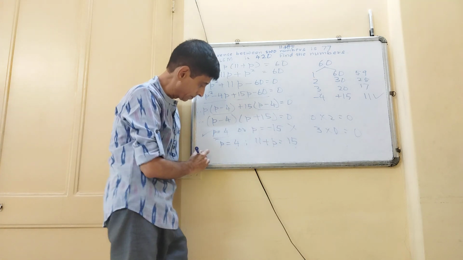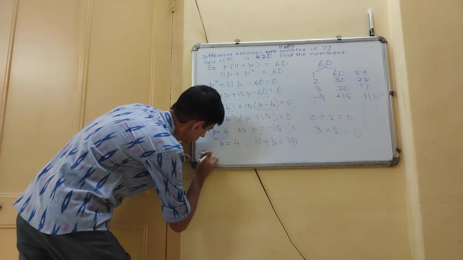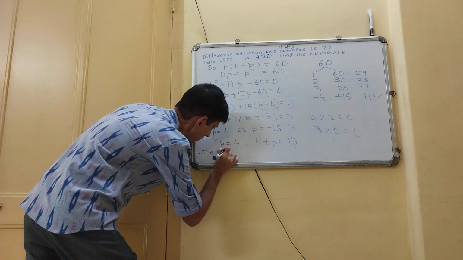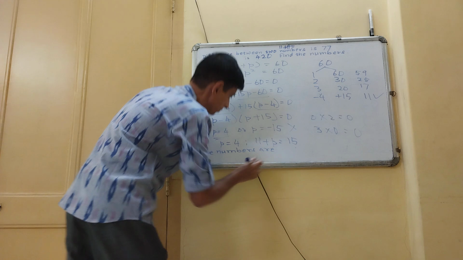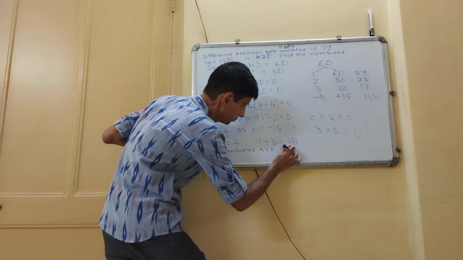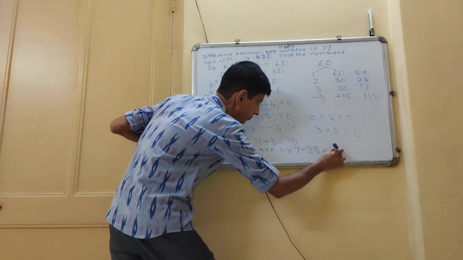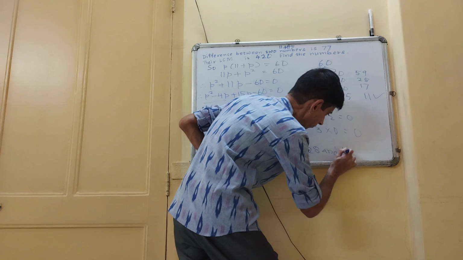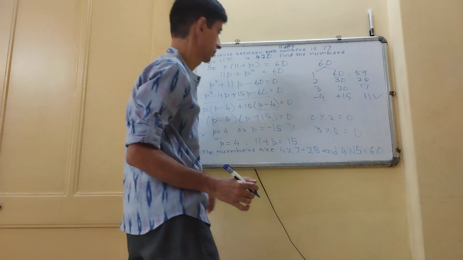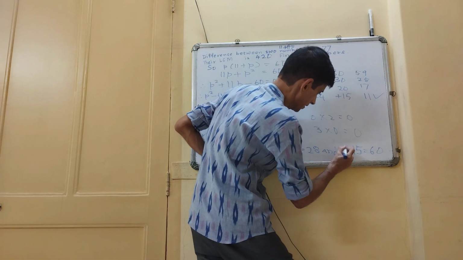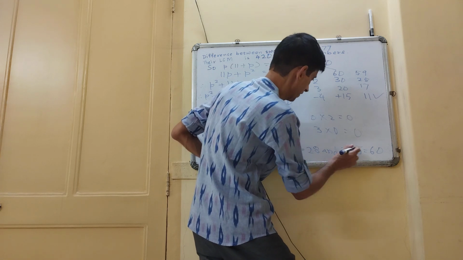So the numbers are 4 into 7 equal to 28, and 15 into 7, that is 105.